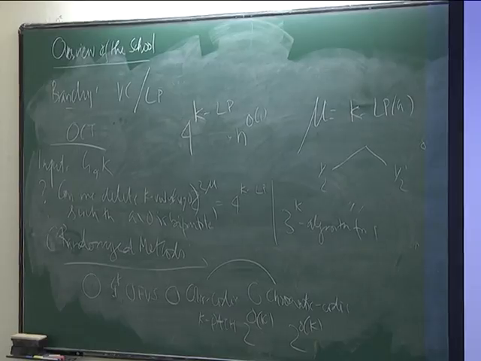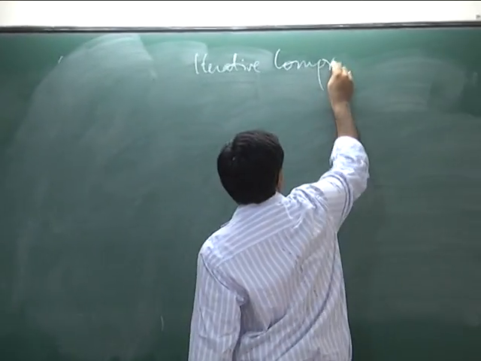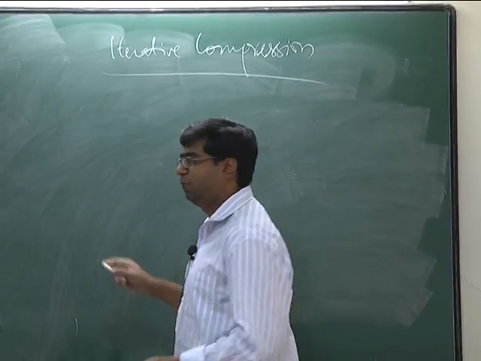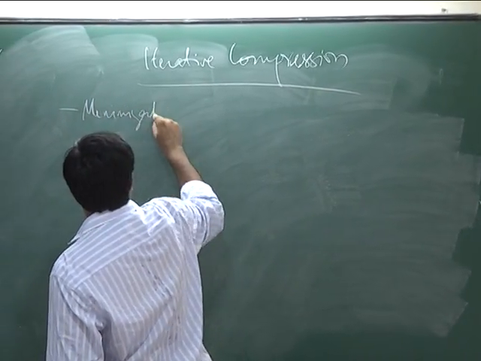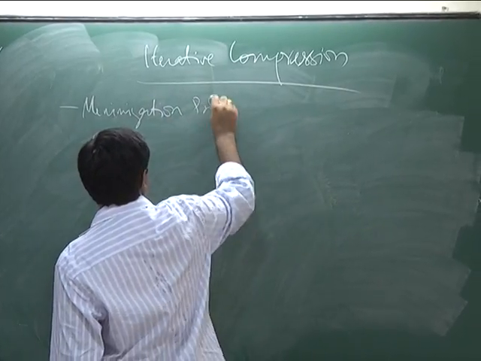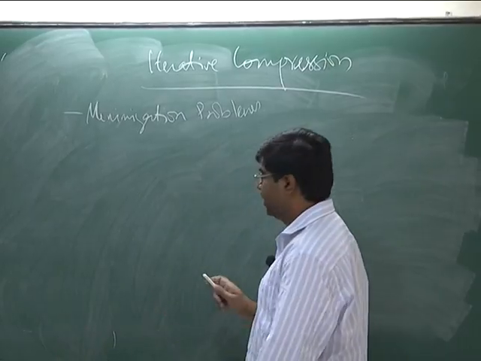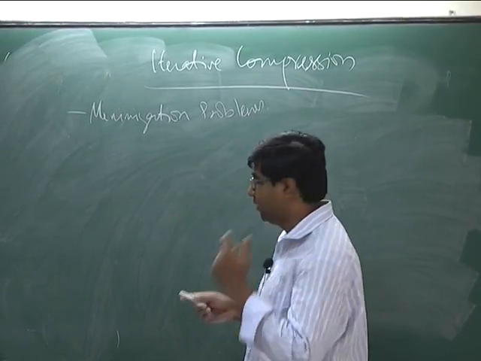So what was the main idea of iterative compression? Okay, it is basically useful for minimization problems. Basically what we did here is that, suppose we are trying to apply this method on some graph problem.